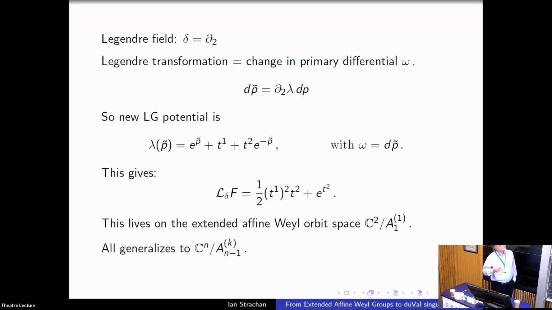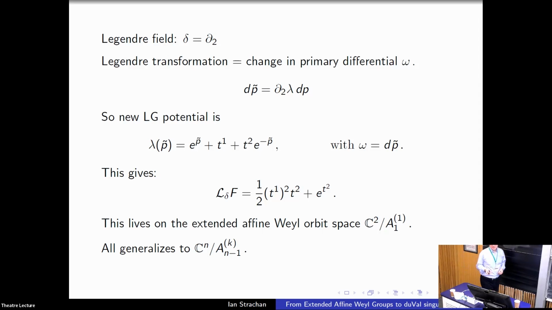But as Professor Saito just said, there are other choices of primitive differential form, and if you make the correct choices, those will induce a Legendre transformation between the resulting Frobenius manifolds.